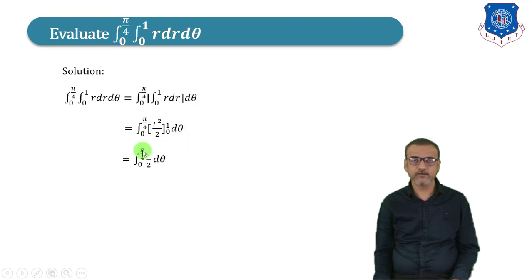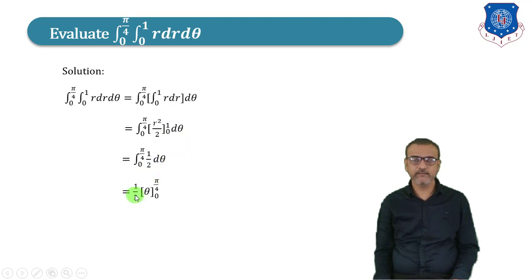Now for upper limit 1, r square by 2 will become 1 by 2. Then after minus sign, for lower limit 0, r square by 2 will become 0, and no need to write down 0. So the result is 1 by 2, and this d theta will be as it is.